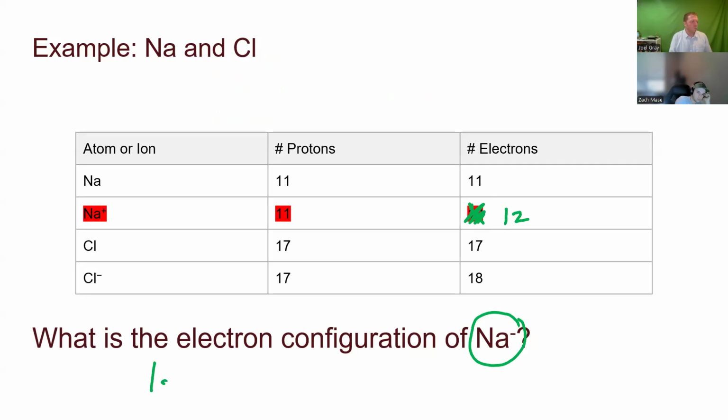So we've got 1s2, 2s2, 2p6, and then last but not least, 3s2. So now a question related to this would be, which are our valence electrons? Our valence electrons here would be just the 3s2 valence electrons.